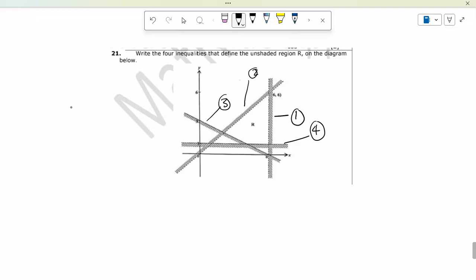Or we can just follow the order, line 1, line 2, line 3, the way I've labeled them. So line 1, if you see, is just straight, passing through this point.